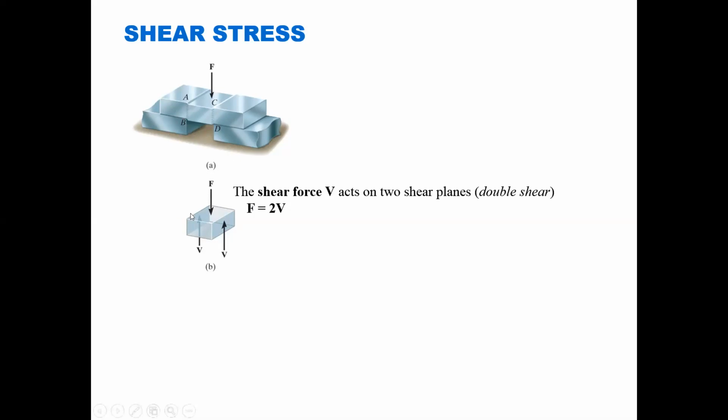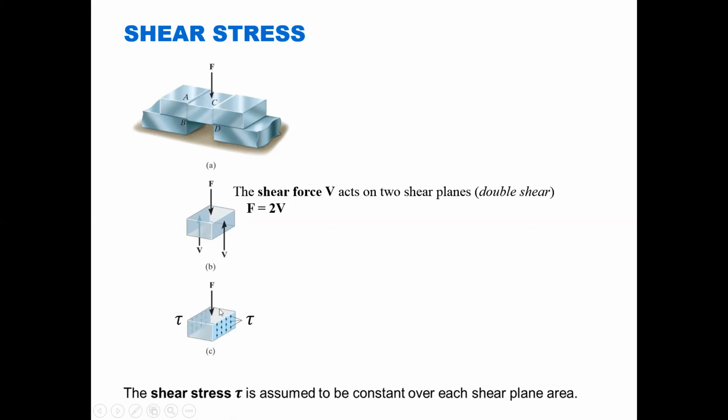All right, so let's say that we have a magnitude of shear force on each face, and just like we visualized before with our normal stresses, these shear stresses develop where we have the shear force.